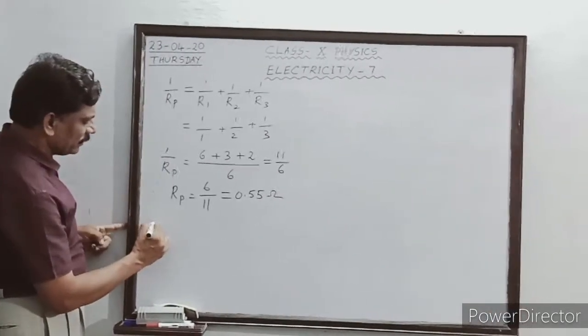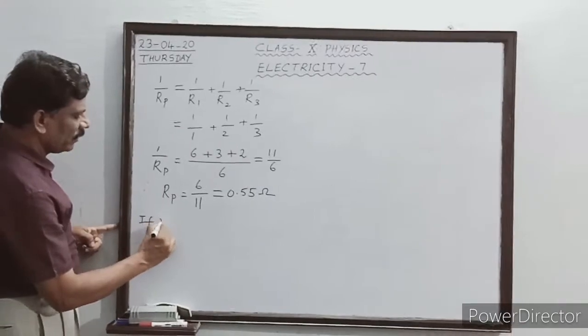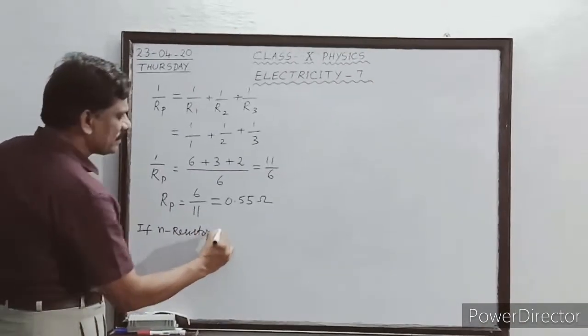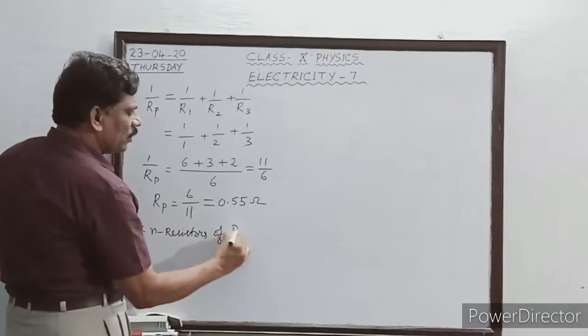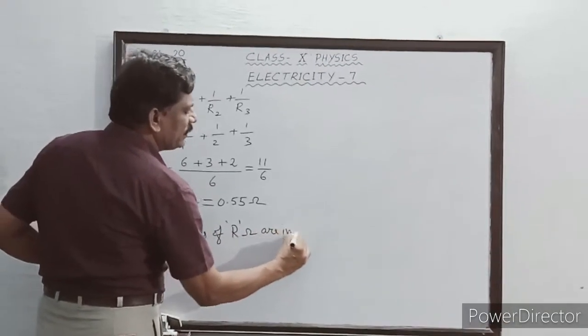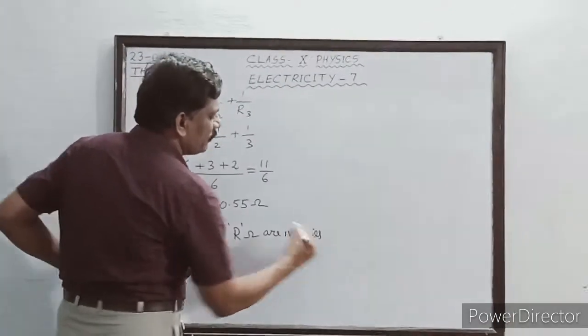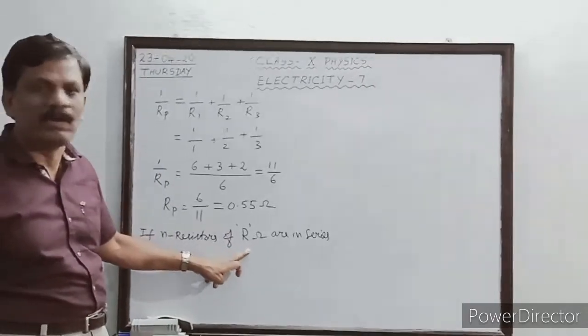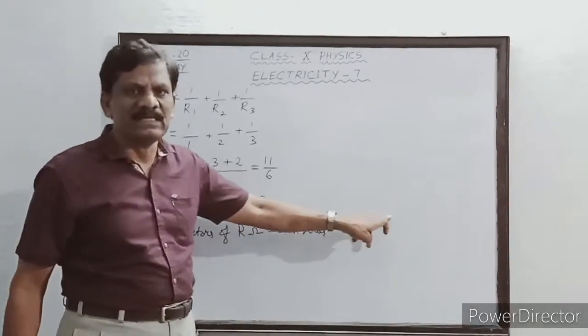If n resistors of R ohm are connected in series. N resistors, n number of resistors, each of how much ohm? R ohm. They are connected in series.